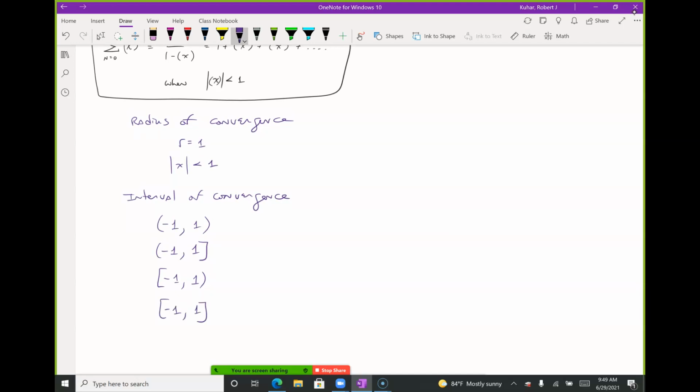And how do you find out if things are convergent at the endpoints of your radius? You have to plug them in and then go back and do one of our tests. It might be partial sums, right? It might be some other test that we're going to show you.